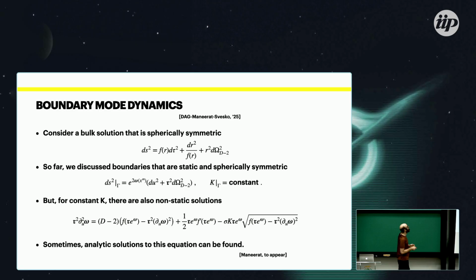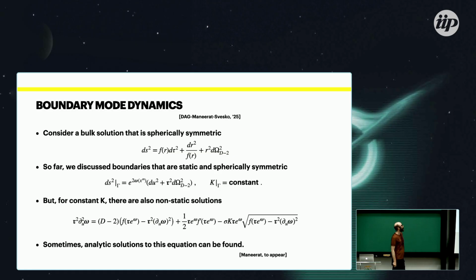So let's start with a bulk solution that has some spherical symmetry, of this form. And let's consider boundary conditions of this type. So at the boundary, the metric will be this times some conformal factor that is not specified and can now depend on time.